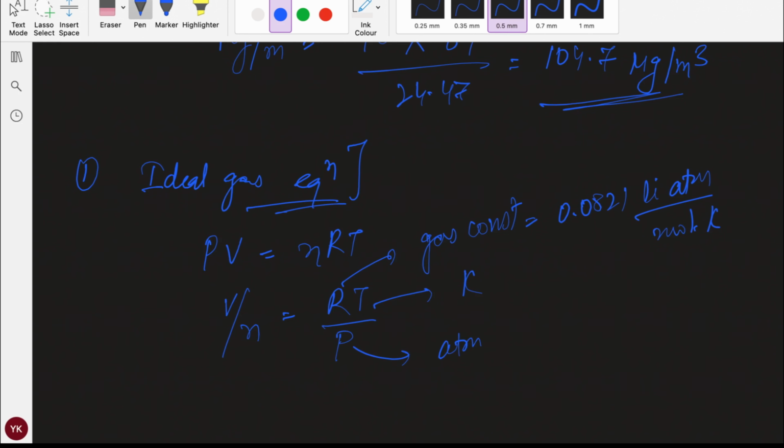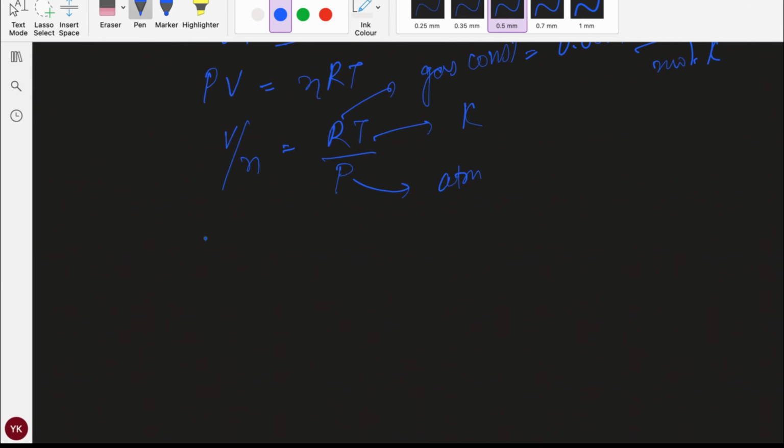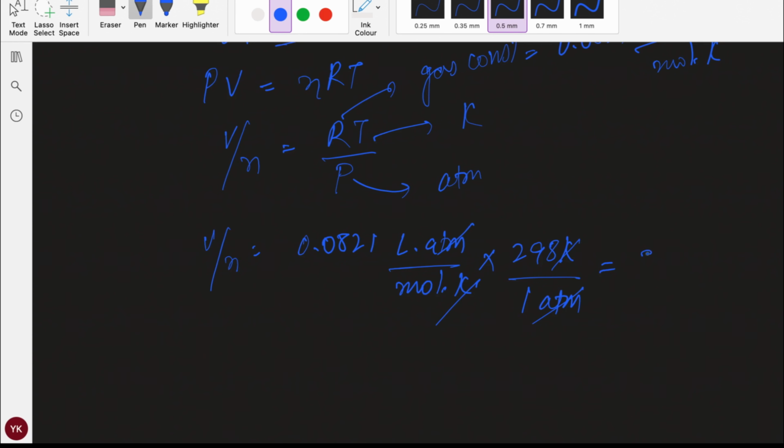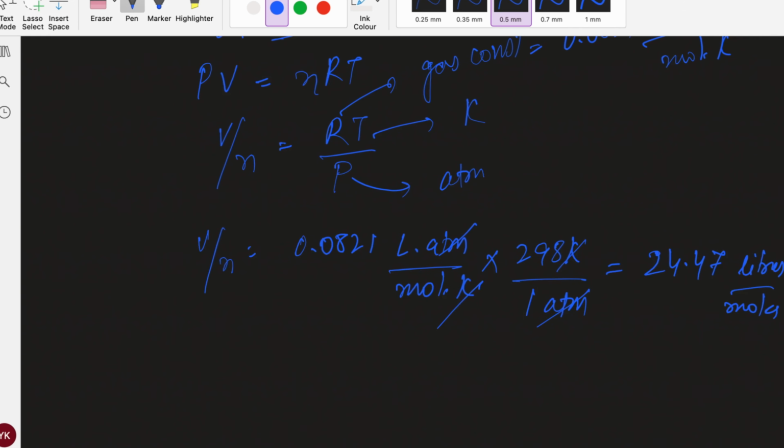If we put in all these values for room temperature, V by n becomes 0.0821 liter atmosphere per mole Kelvin multiplied by the temperature, 298 Kelvin, and the pressure is 1 atm. Atm cancels atm, Kelvin cancels Kelvin, and the value comes out to be 24.47 liters per mole.